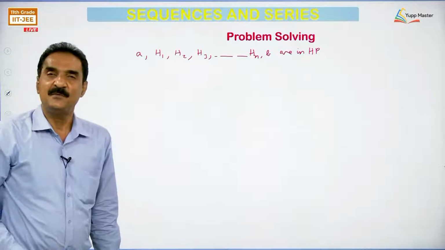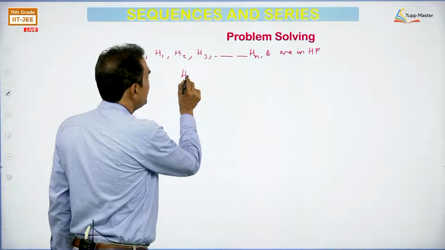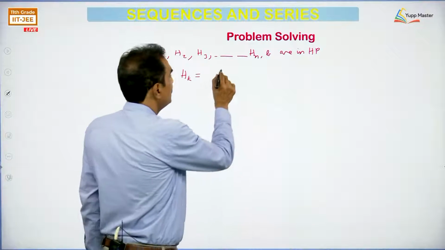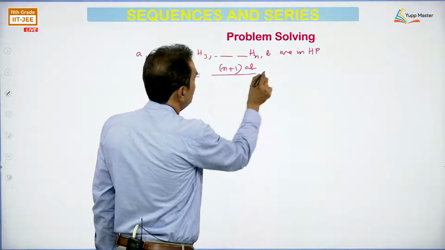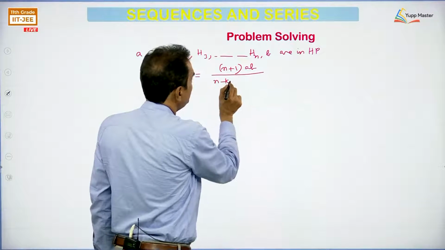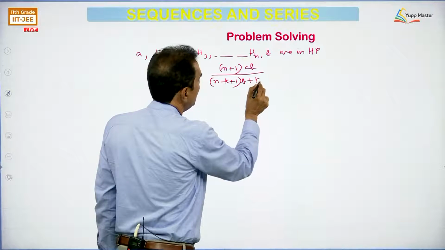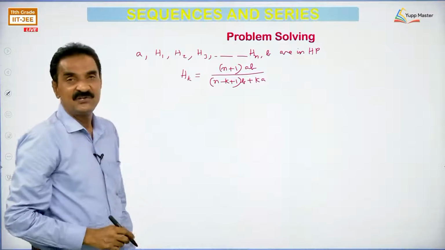If they are in HP, we have a formula for the kth harmonic mean. The formula for Hk, the kth harmonic mean from left, is n plus 1 into AB by n minus k plus 1 into B plus kA. Alright. You want H1 and Hn.